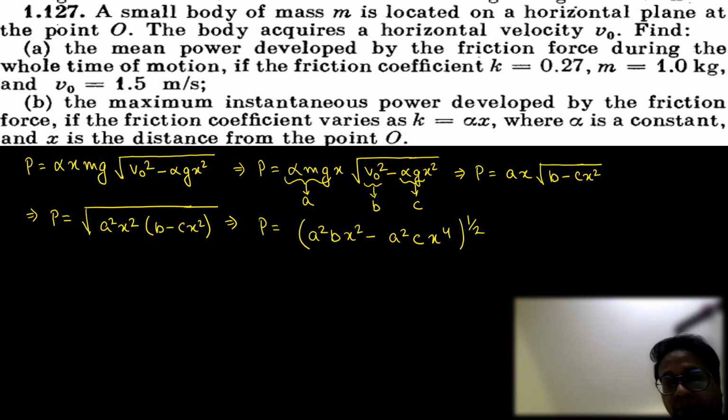Now dp by dx equals 0. If I differentiate this entire term and make it equal to 0, what will happen?